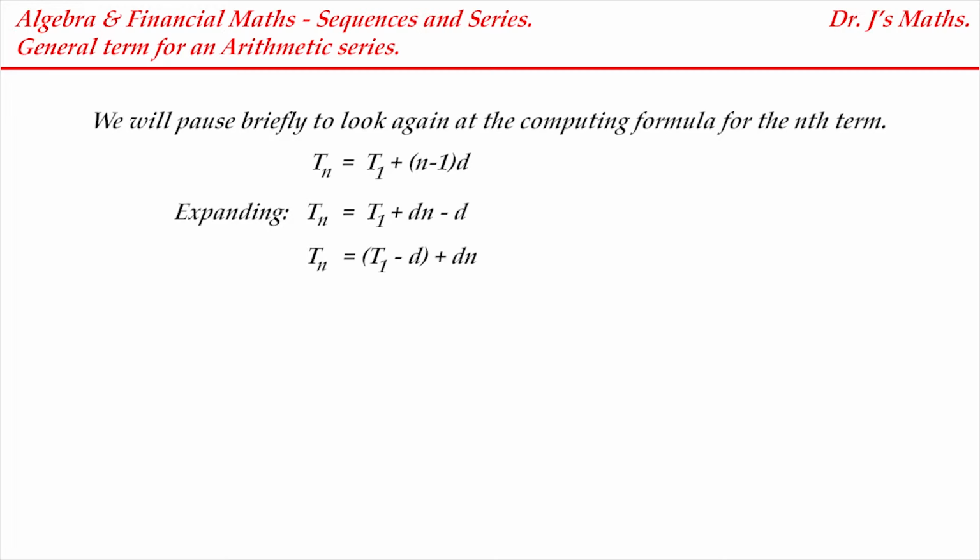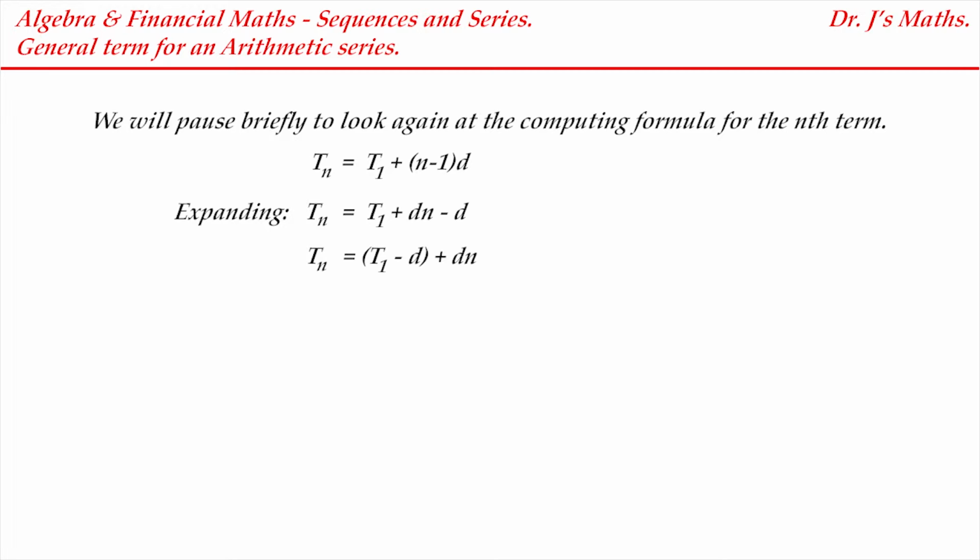Now the bracket has got 2 terms in it which are both constants for a given series. The second term, the dn, d is a constant or a number, and n is our independent variable.